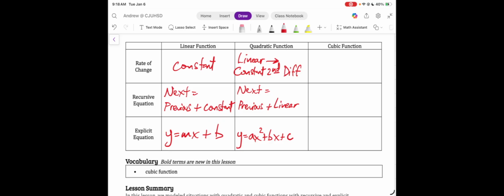finally, a cubic function will have a quadratic rate of change. So that would be a constant third difference.